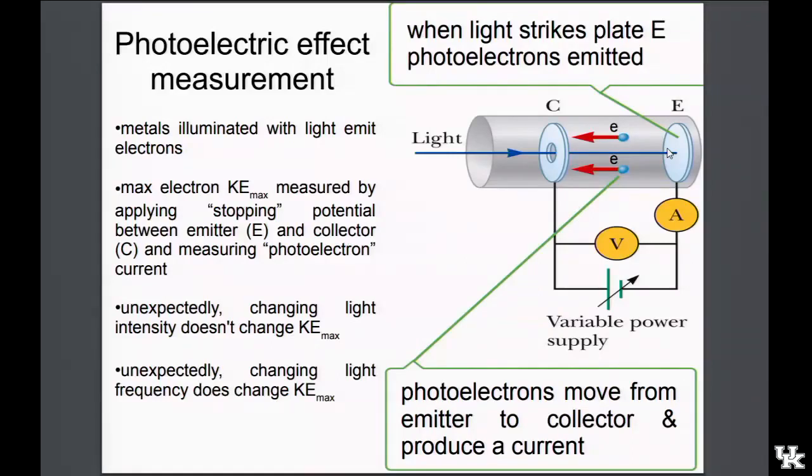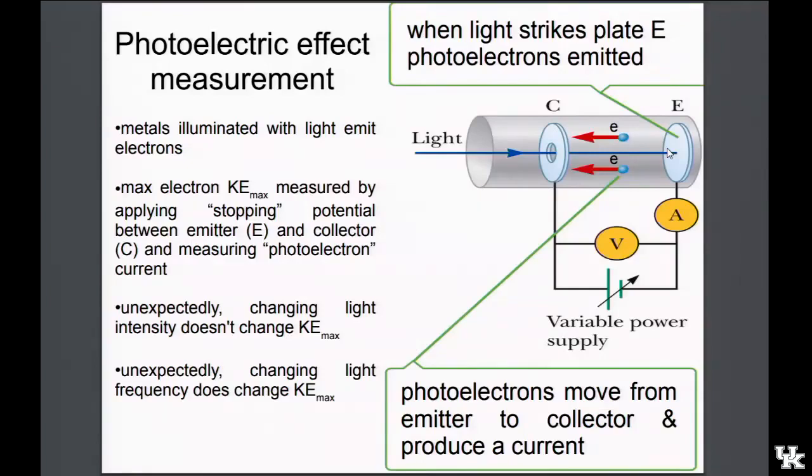If you make the hill very high, a big potential difference between emitter and collector, then the electrons that can get to the top of the hill are going to have a lot more kinetic energy that they can convert into potential energy. So we're going to measure the kinetic energy of the electrons by asking them to climb an electrical potential hill, and that will determine the energy of the electrons.